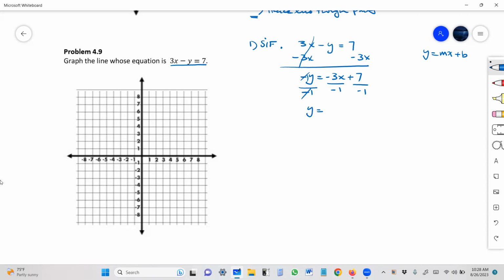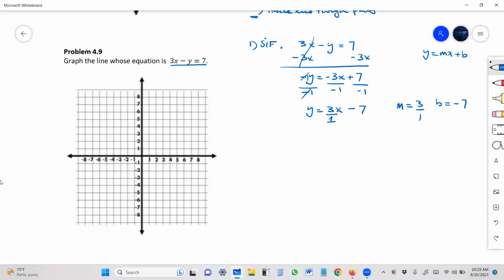The minus and minus cancel. 3 divided by 1 is just 3x minus 7. Now, it helps if you don't have a denominator, just leave it over 1 so you don't get confused when you have to graph. Now we identified the slope as 3 over 1. And the y-intercept is -7.